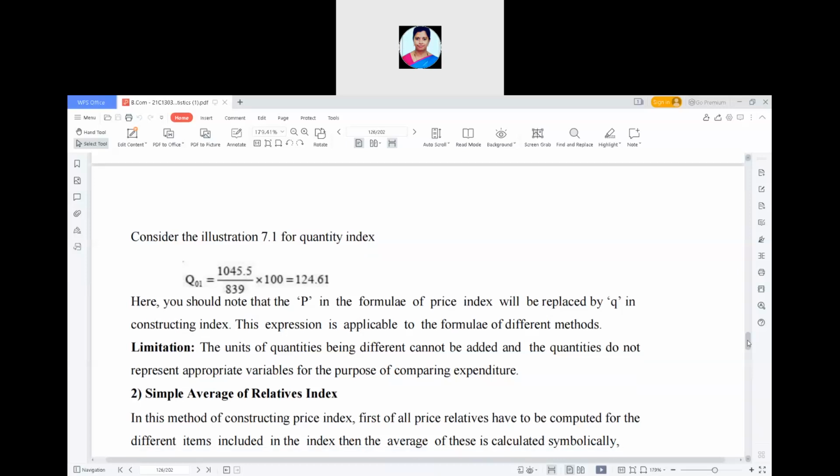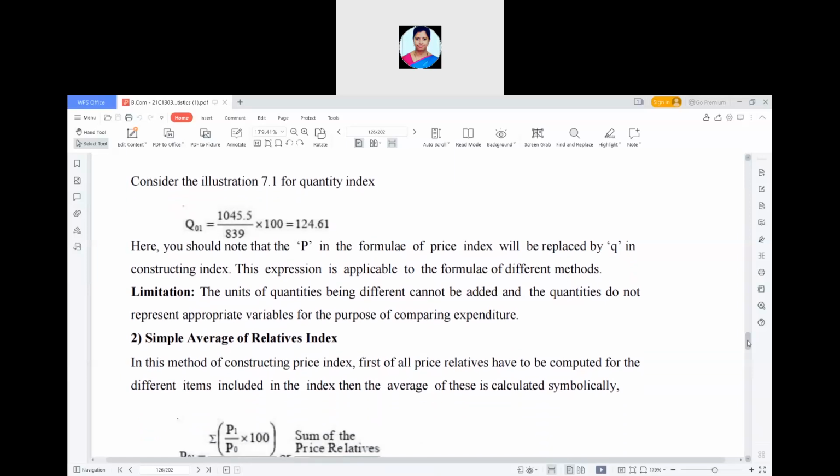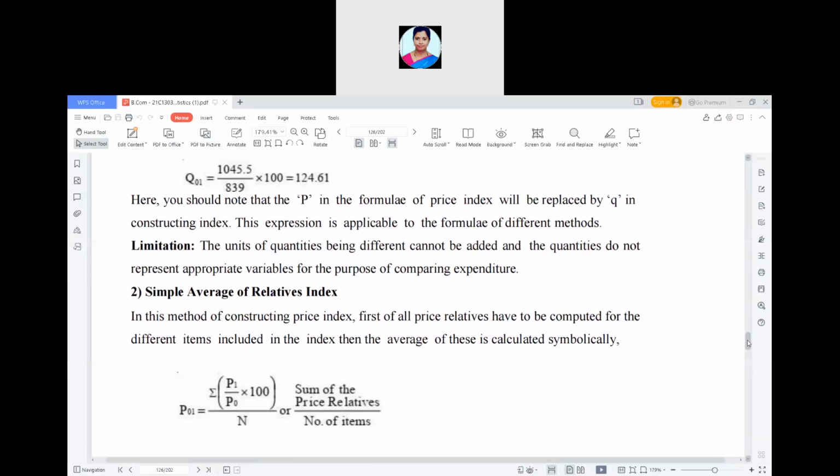The second one is the simple average of relative index. In this method we are constructing the price index. First of all, the price relative is computed for the different items included in the index, and then the average of these is calculated.